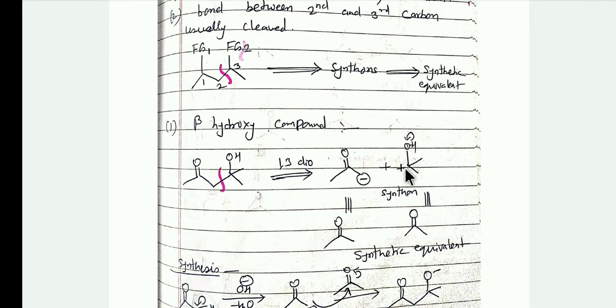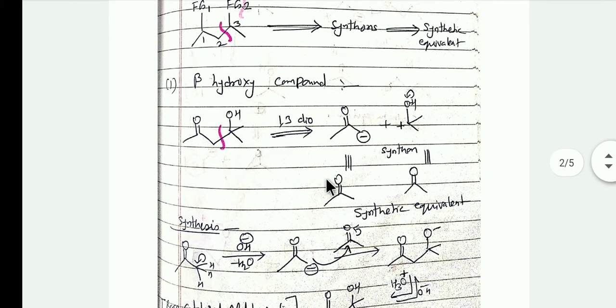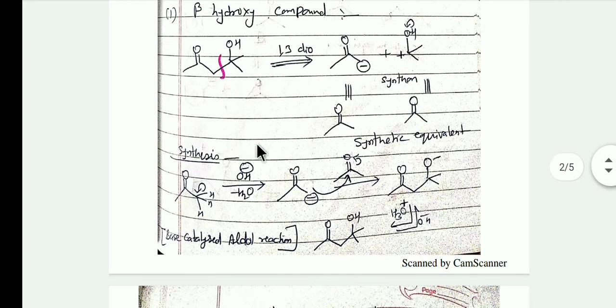Here this carbon is positively charged, so this positively charged carbon and negatively charged oxygen make a covalent bond. So we get this type of synthetic equivalent. Now these are the synthetic equivalents for producing these synthons, and on reaction of these synthetic equivalents we can easily get the target molecule. Now what is the synthesis?